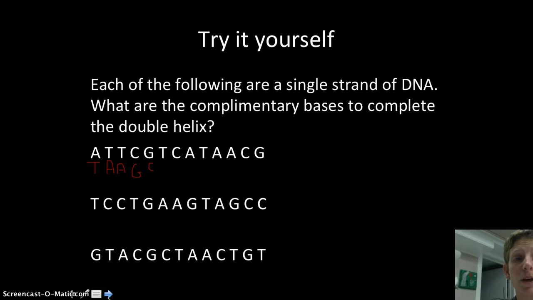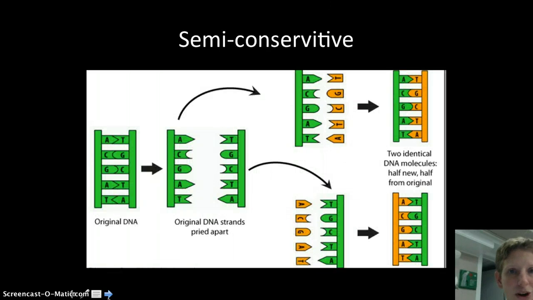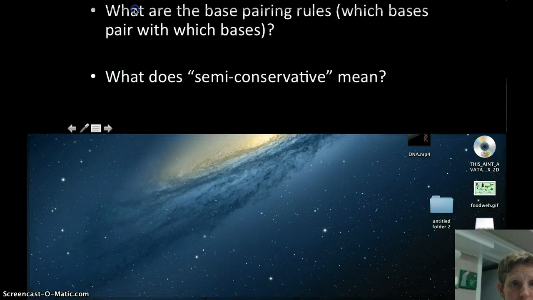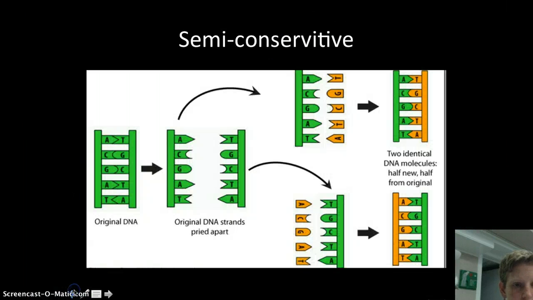At this point, sorry, one more thing to learn. There's another vocabulary word that goes along with replication called semi-conservative. And basically what semi-conservative means is that you have your original DNA. And in the process of replication, that original DNA is unzipped or separated into two pieces.